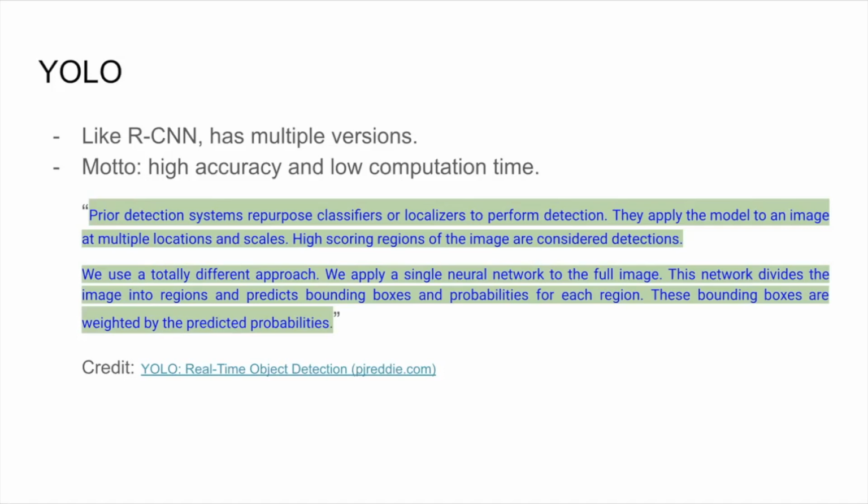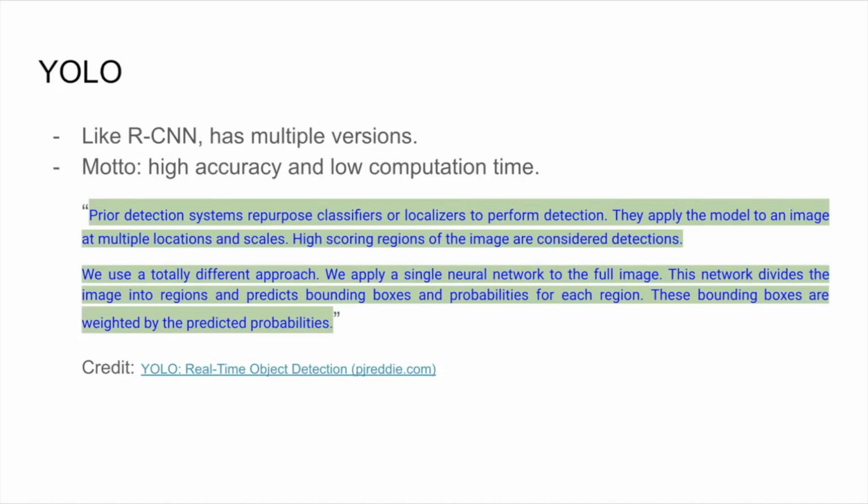So in YOLO, they used a totally different approach. They apply a single neural network to the full image. So it's not like there is a region proposal and a separate detection network. It's just a single network for the full image.